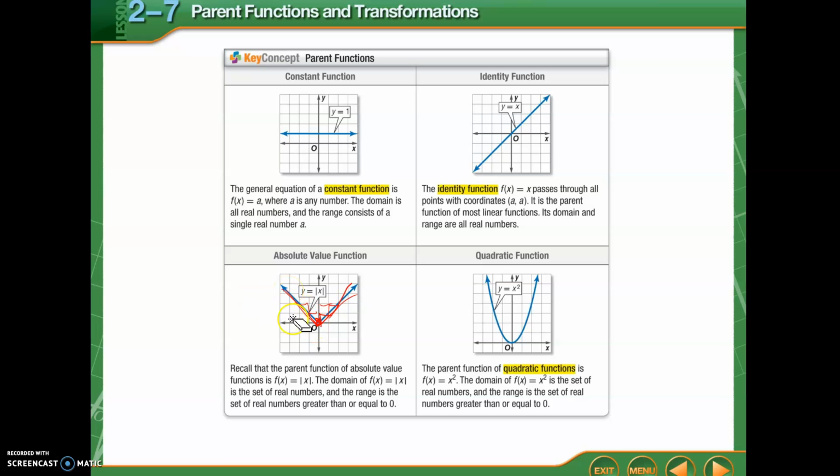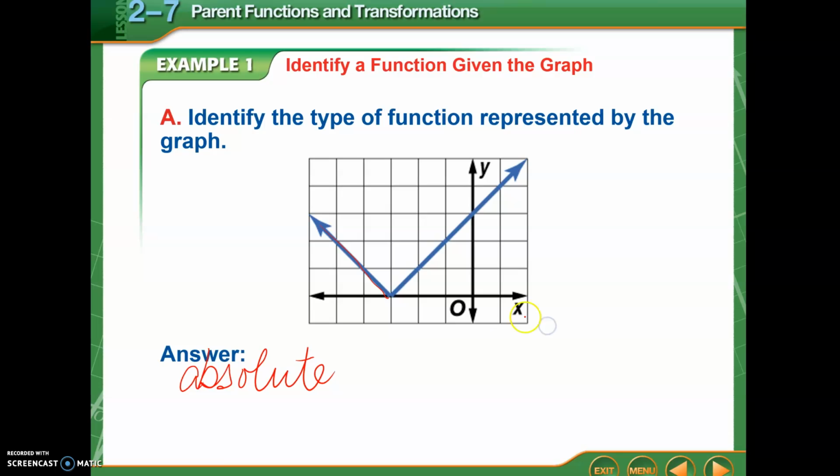So if I translate it by moving it, I can just take this parent graph and move it around. The quadratic function is also at 0, 0, and it goes up 1 over 1, but it's the U shape, and after that it doesn't follow that same pattern. It's got a reflection over the y-axis.